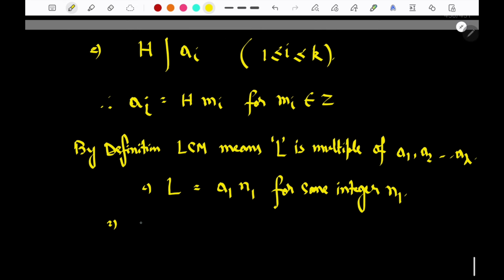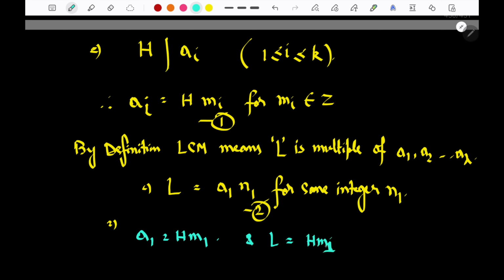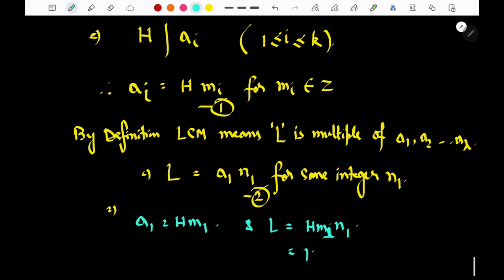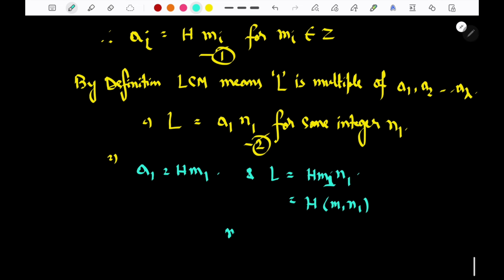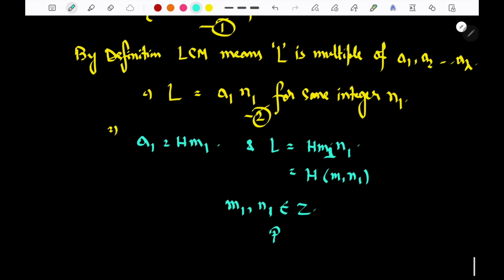Now think like this. This is equation 1, and let's say this is 2. Now start substituting: a1 is equal to H into m1, and L is equal to a1 into n1, so this can be written as H m1 n1. Now m1 and n1 belong to the set of integers, so the product is also an integer.